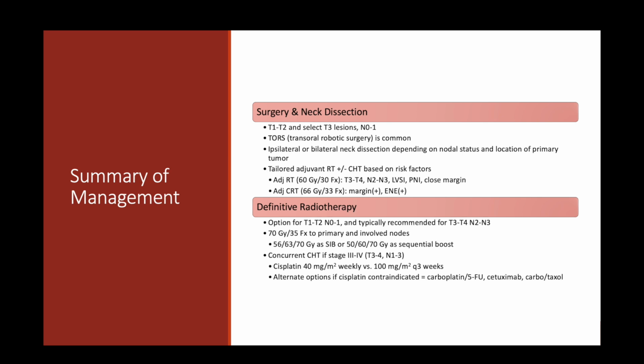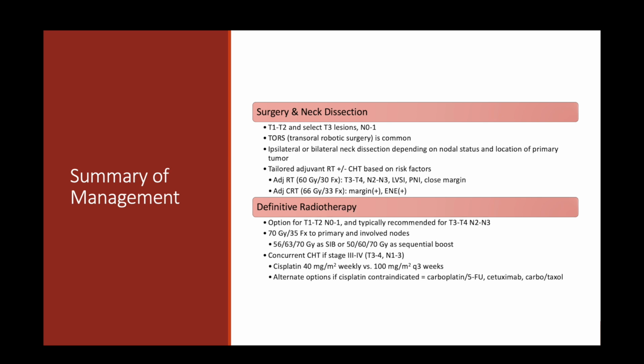And the radiation dose we bump up to 66 gray in 33 fractions to take care of that microscopic disease that's positive. So that is the pathway of surgery followed by neck dissection, and then a tailored adjuvant radiation and chemotherapy approach.